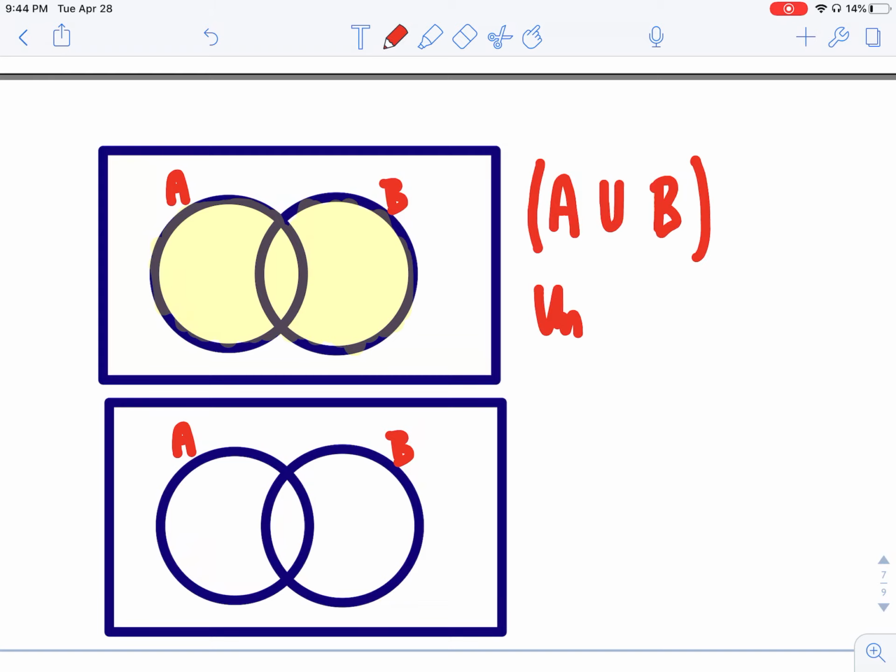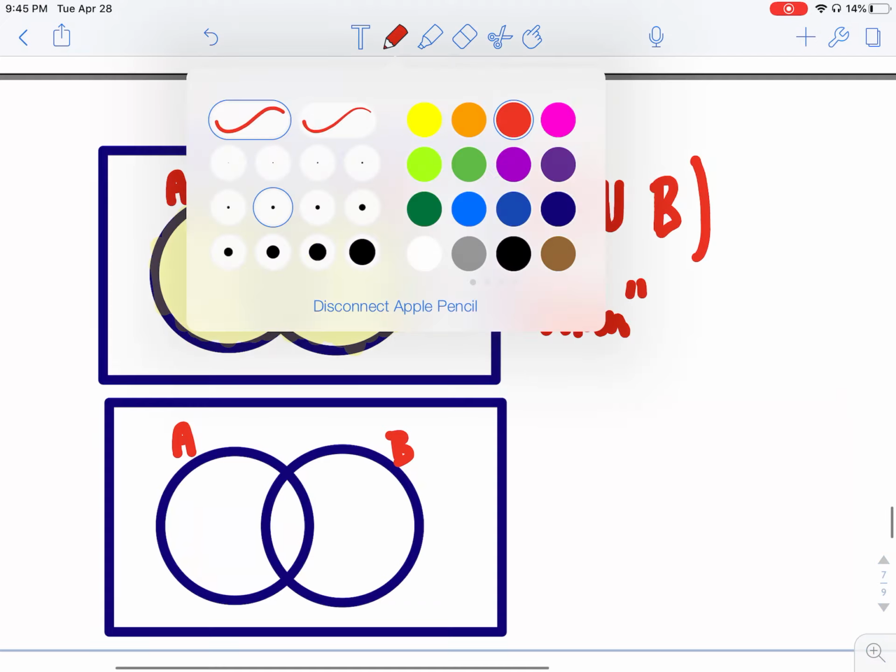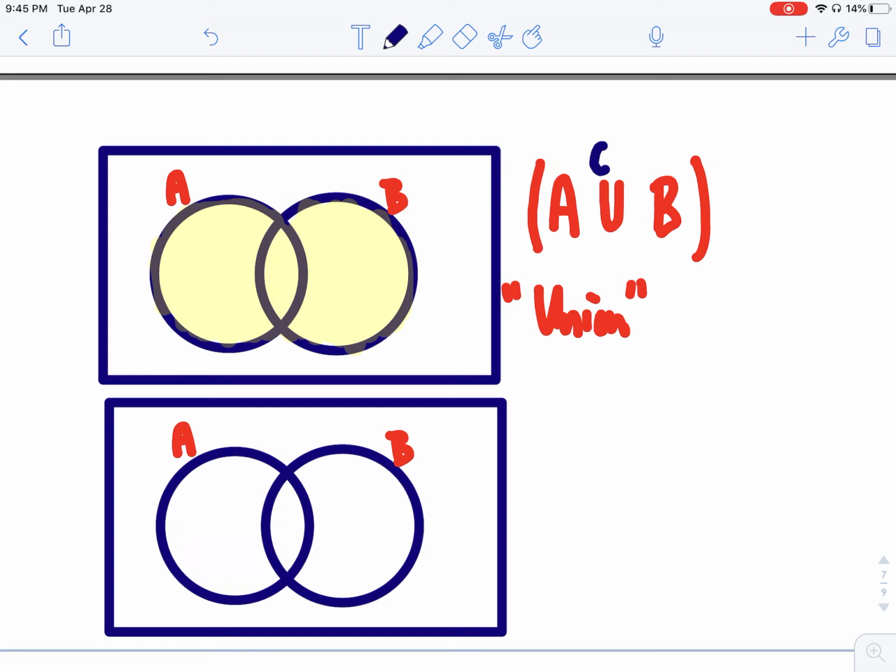So that's the union of A or B, and that is the OR. And this spot right here is the intersection. So that is the AND.